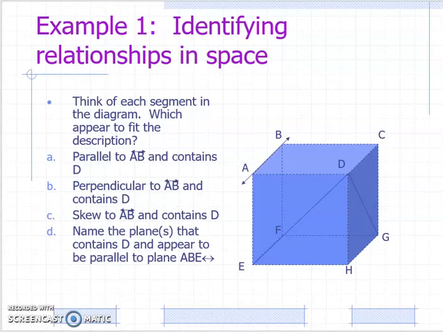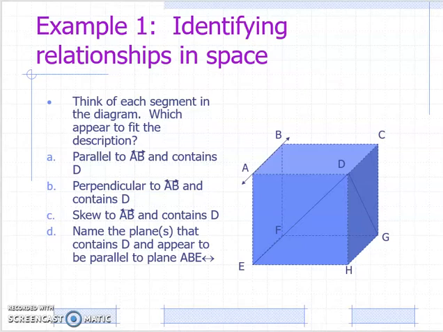All right, letter B. Let's see if we can analyze the diagram to find a line that is perpendicular to the line AB and contains the point D. Now you'll remember from our previous lessons that perpendicular means the 2 lines meet to form a 90-degree angle, or a right angle, if you will. So look at the picture, look at AB, that's that top left line AB.